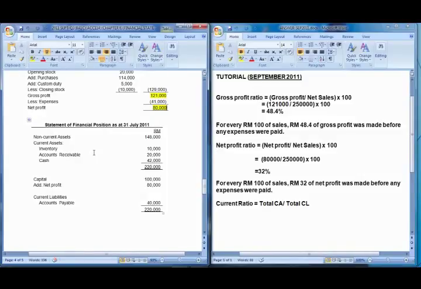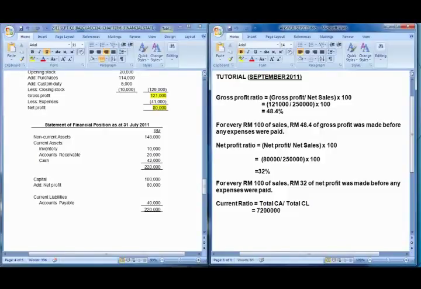So Azim, can you help to sum up all of this value, whereas the inventory value is 10,000 ringgit, account receivable is 20,000 ringgit, and the cash is 42,000 ringgit. Okay. The answer for total current asset is 72,000.